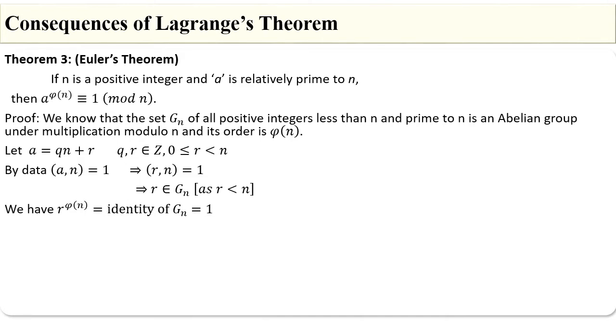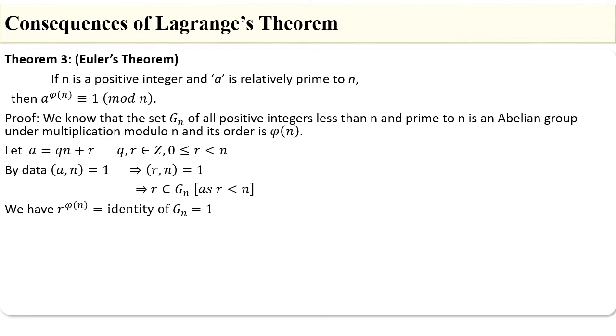We know that if G is a finite group of order n, then a to the power n is equal to e for all a belonging to G. Now, Gn is a finite group of order phi of n and r is an element of Gn.